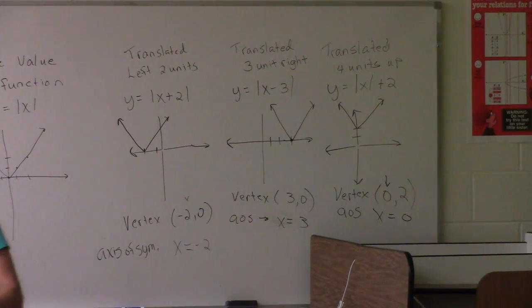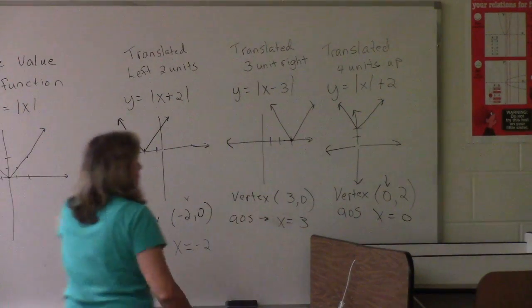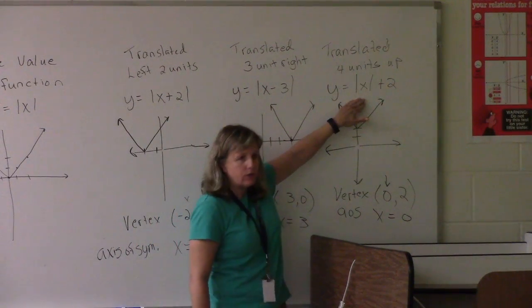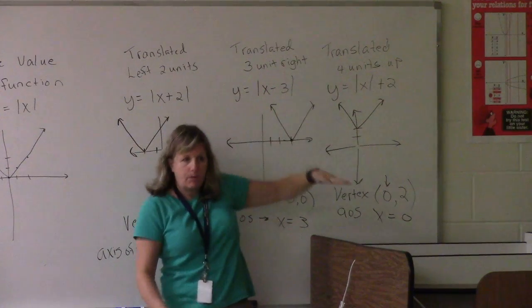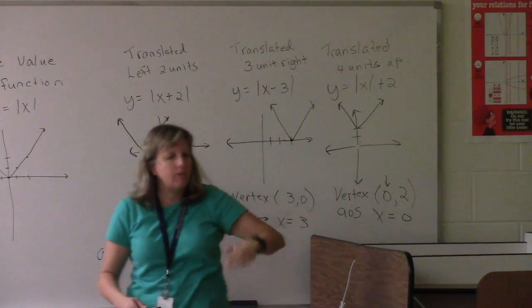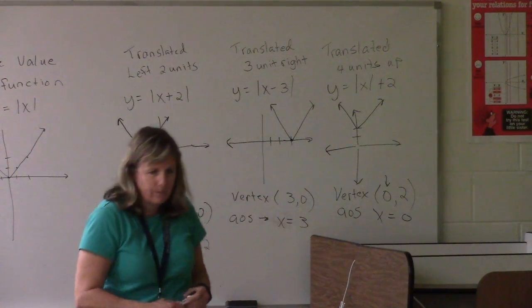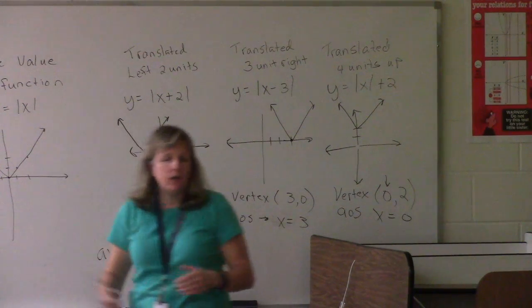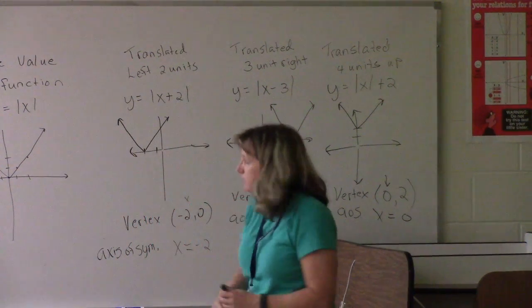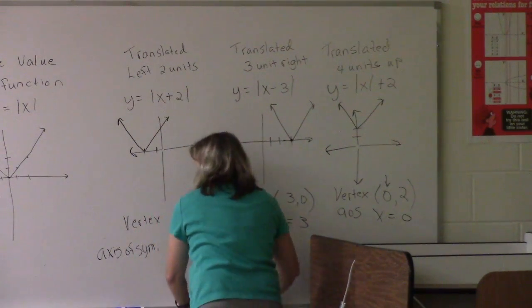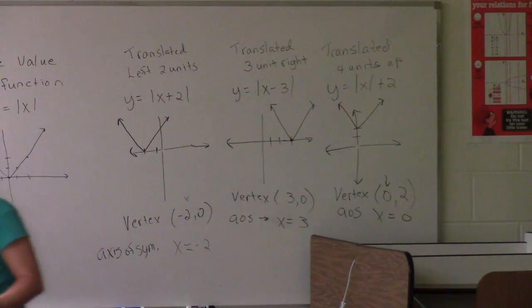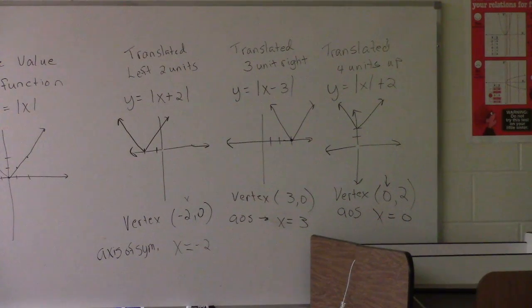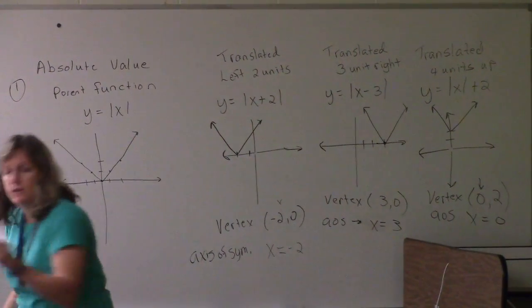So notice that when I went outside my absolute values, it sent it up, and if it was a negative, it would have sent it down. All right, so there's a pattern here that we're going to use. We're going back to this sheet right here.